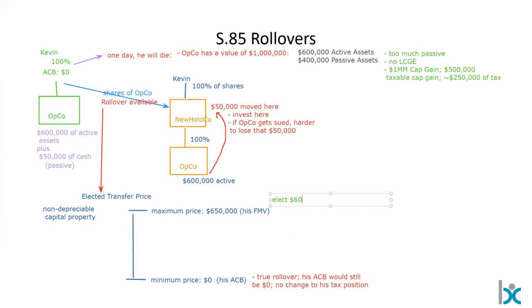We're going to elect a $650,000 transfer price, which is going to create a $650,000 capital gain. Why do I not mind creating that capital gain? Because he's going to use his lifetime capital gains exemption.